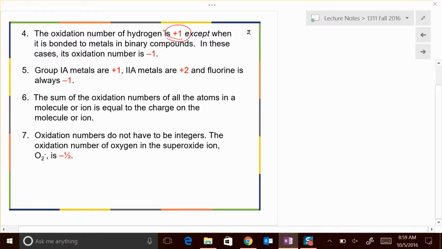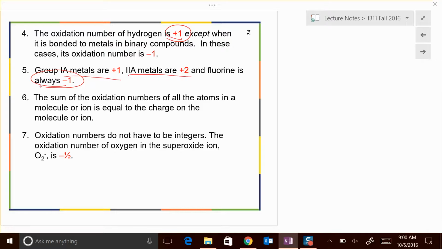Hydrogen, +1, except when it is bonded to metals in binary compounds. In binary compounds, it is a -1, okay? But for the most part, hydrogen is always +1. Okay, group 1A metals +1, group 2A metals +2, that's what we said, +1, +2. Fluorine is always -1. There's another constant, okay, -1.